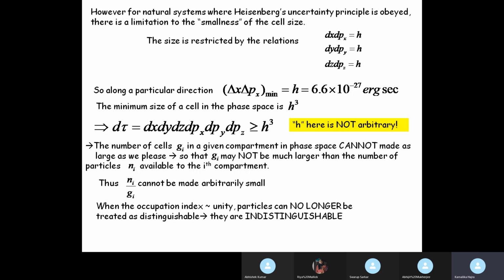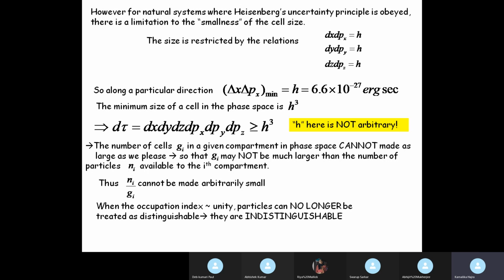You go for a job interview, you see that there are 100 applicants and there are 100 positions. There are 100 applicants and there are 110 positions. So almost equal to 1, Ni by gi, occupation index. So one thing you should know over here is that the occupation index is a parameter of great importance in deciding whether the system is quantum or classical. Okay.